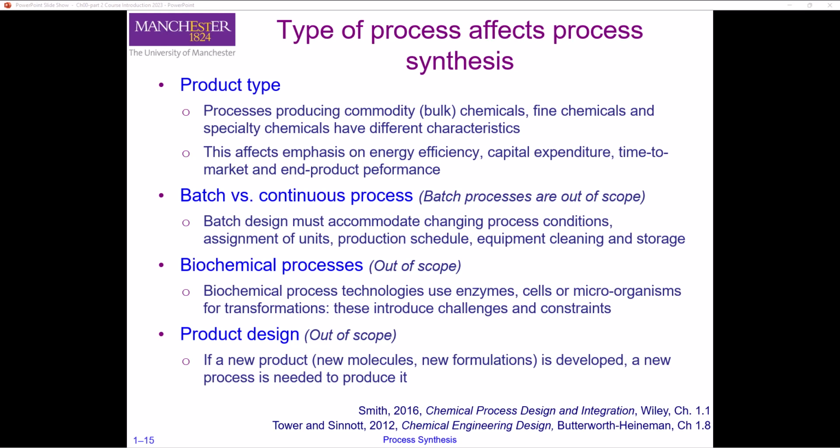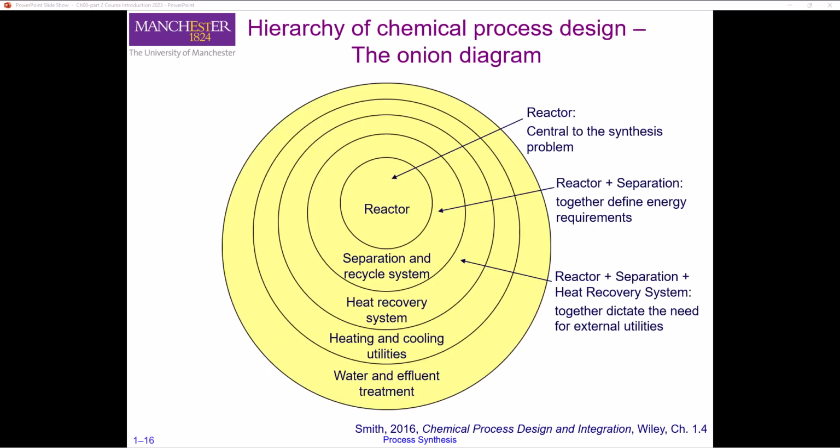And once you finalize the properties of the product, then you will start looking at how to synthesize that specific product in terms of the process synthesis. So all these factors or points that we discuss in this slide are going to add additional challenges to our process design.